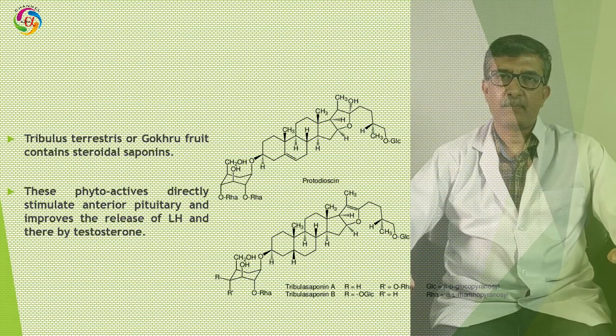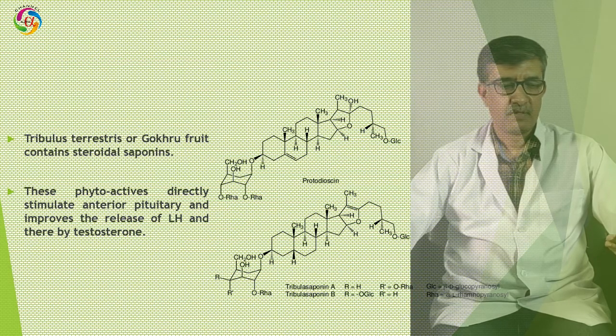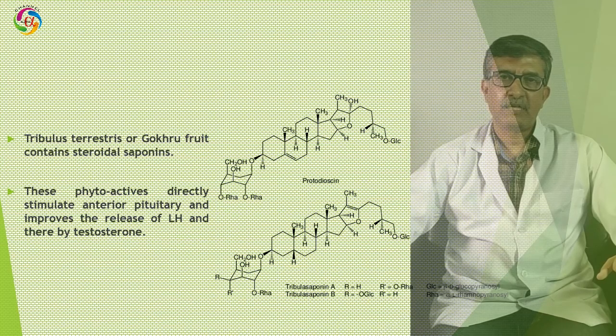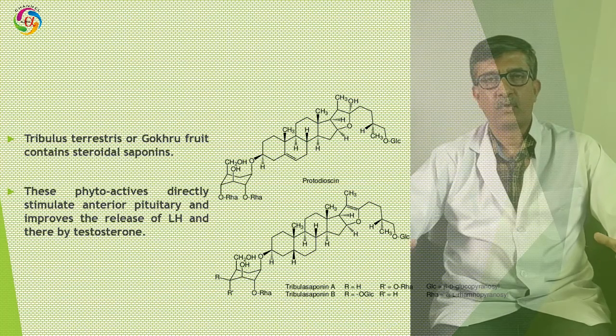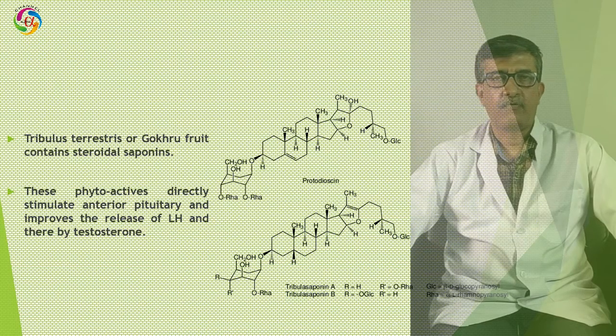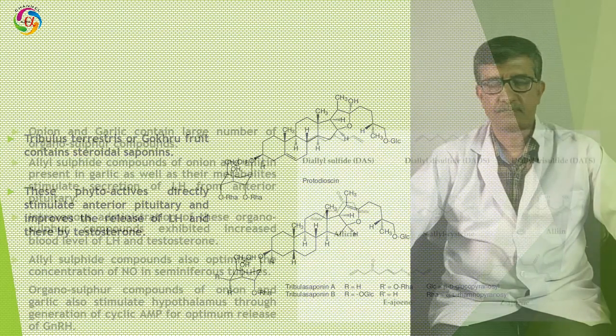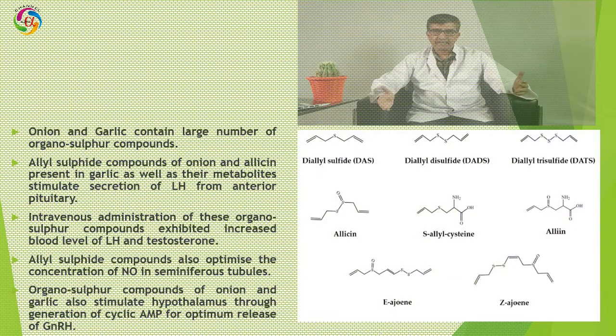The important steroidal saponins present in gokru fruit are protodioscin, tribulosaponin A, tribulosaponin B, etc. Now these tribulosaponin A, B and protodioscin directly stimulate the anterior pituitary for release of LH, and ultimately production of testosterone is improved. Now we are coming to the most important component of Fertimax, so onion and garlic.